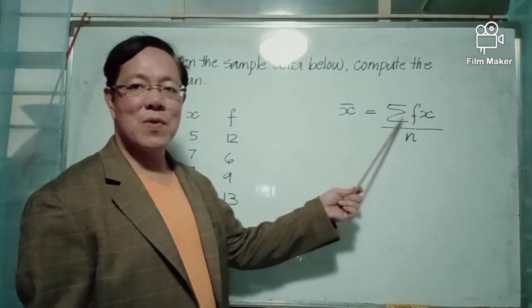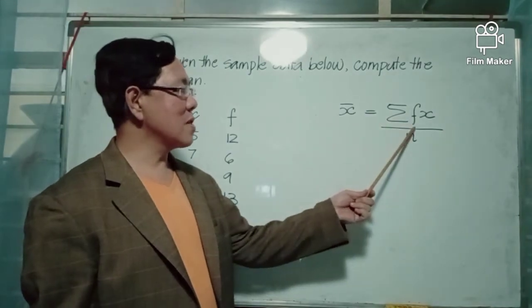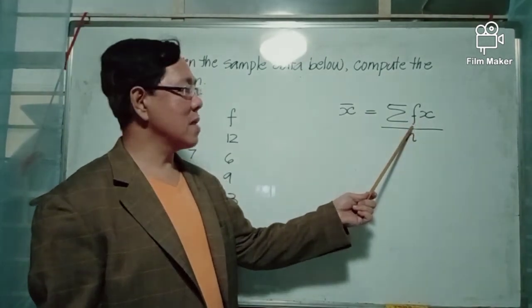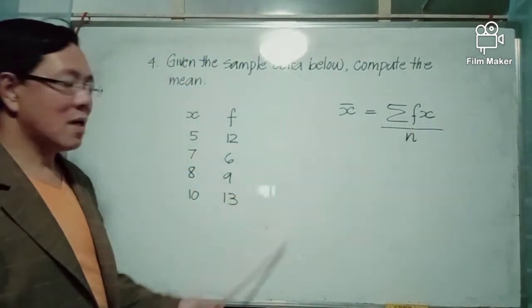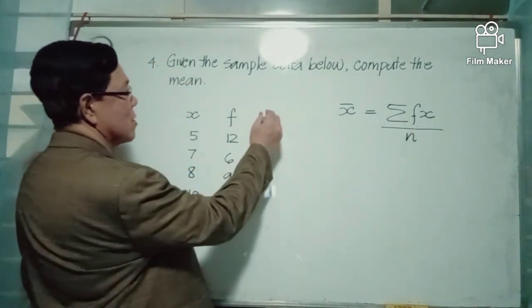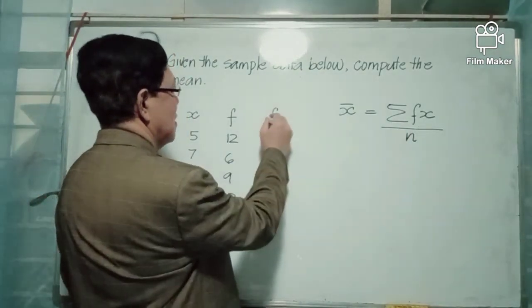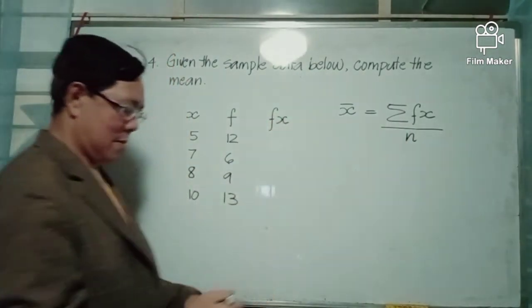Hence, to compute for the sample mean x bar, we first multiply each score by the corresponding frequency. And we add another column, a third column for f multiplied by x, or fx.